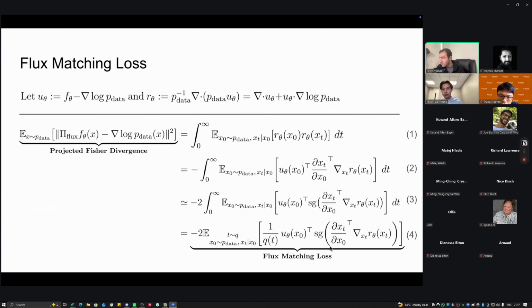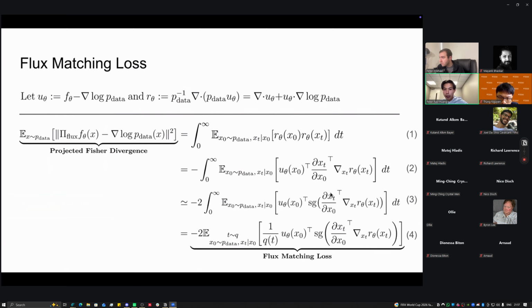Is that a stop gradient? Yeah, it's a stop gradient. So where does that come from? What's the step that gives it? Step 2 and step 3 is one of the main algebraic manipulations.